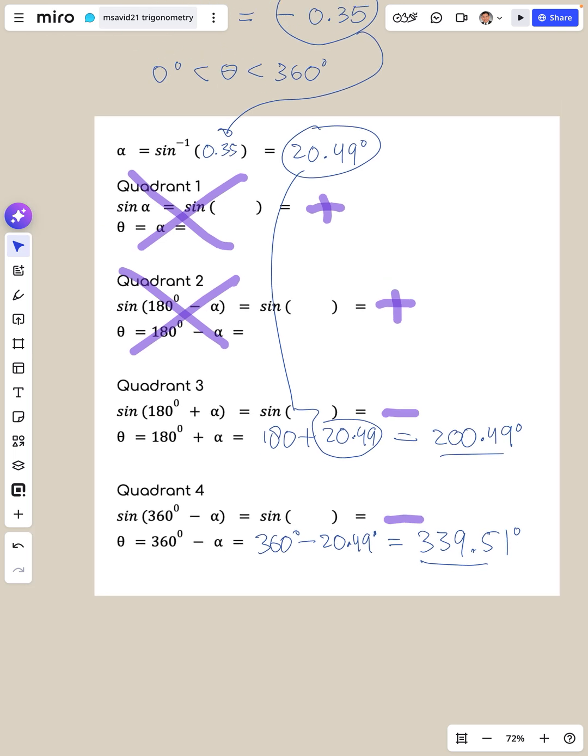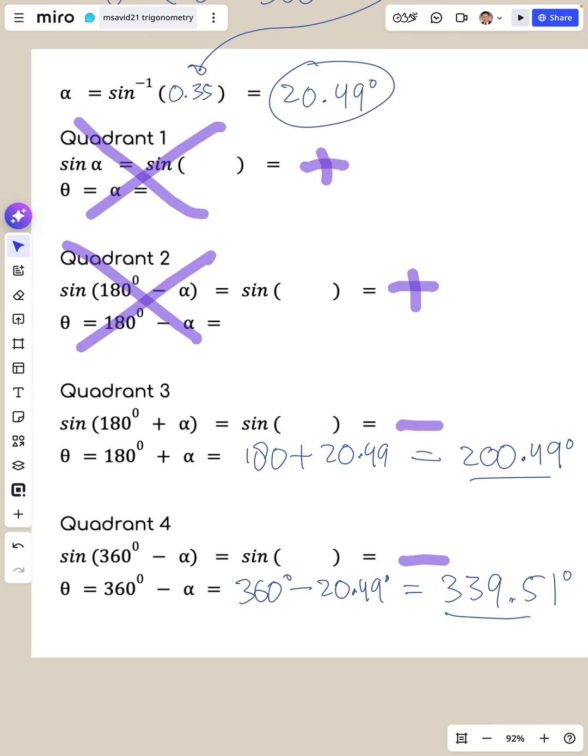These two are the values that you must give in your answer if they give you this question: 200.49 and 339.51. So that's all.